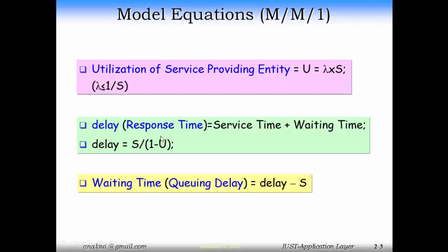So according to this equation, if I'm looking for the waiting time or the queuing time, simply I can say that the waiting time or the queuing delay is the delay here minus S, the service time.